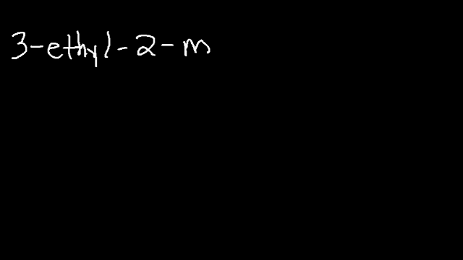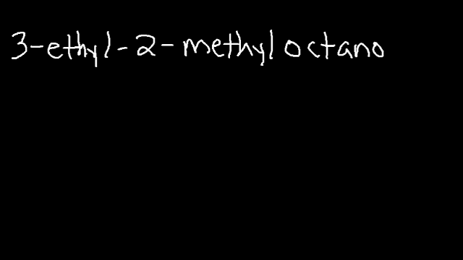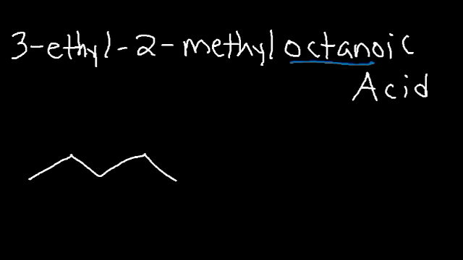So feel free to pause the video and try this one. 3-ethyl-2-methyloctanoic acid. So octanoic acid is octane with a carboxylic acid. So let's draw 8 carbons. 2, 3, 4, 5, 6, 7, 8.